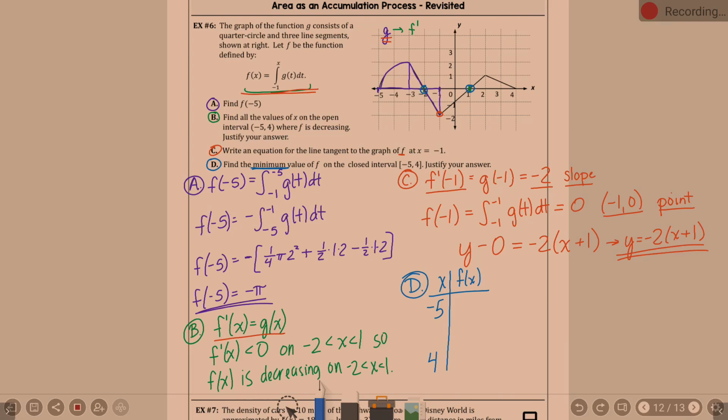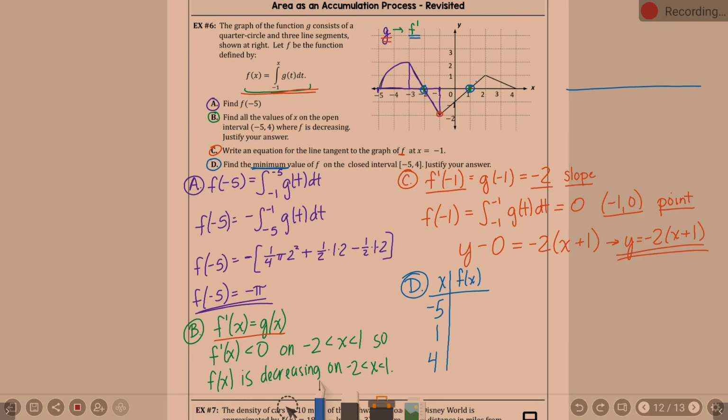Keep in mind this is an f prime graph, right? So -2 or 1, which one am I using here? 1. Because 1 is going from a negative derivative, which means a decreasing graph, to a positive derivative, which means an increasing graph. Does that make sense? Because we're looking for minimums.